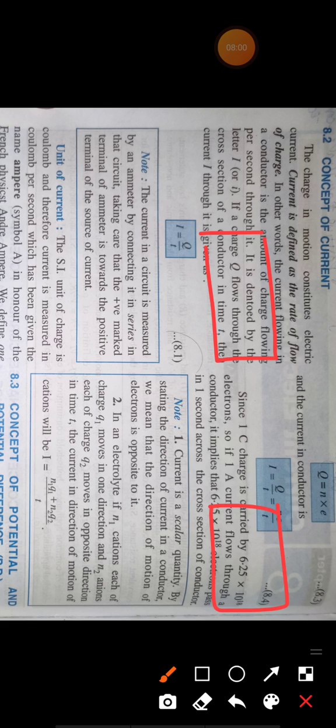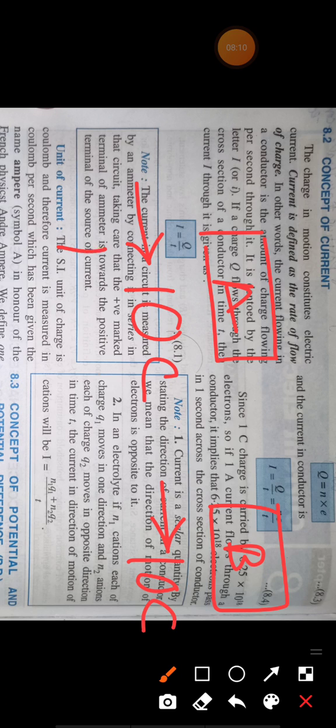And you can increase the current by decreasing the time also. Suppose again you have two bodies, body A and body B. In both bodies the same amount of charge is flowing, 10 coulomb. But the charge flows in body A in 1 second, and in body B in 0.5 second.